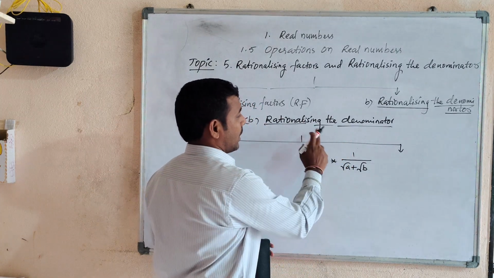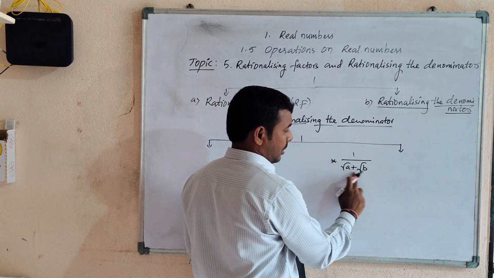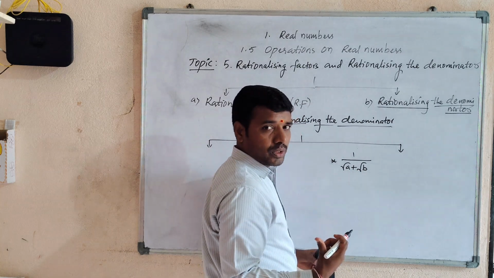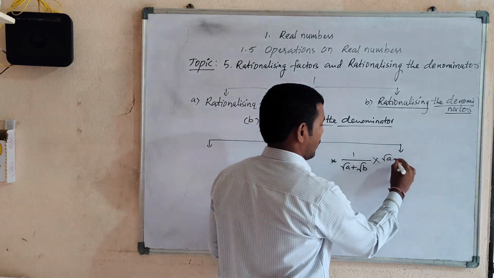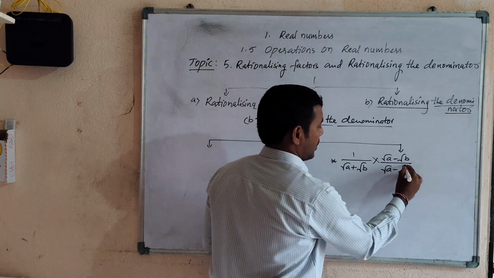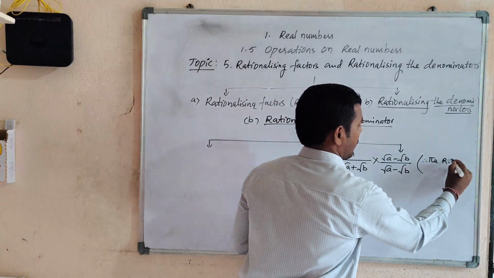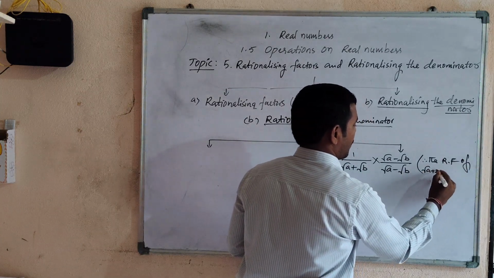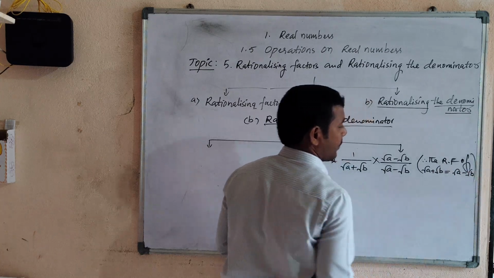What is the title? Rationalize the denominator. Why not? What is the rationalizing factor of this one? Square root of a minus square root of b, which we discussed previously. With the help of that we can overcome the problems. The rationalizing factor of square root of a plus square root of b is square root of a minus square root of b.